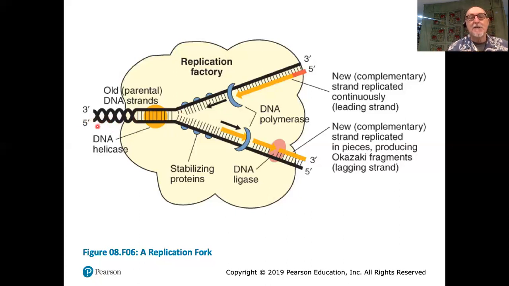That stress and tension is undone by a very, very specialized enzyme called gyrase, G-Y-R-A-S-E. You'll see its name again in a minute. Gyrase is one of a family of enzymes called the topoisomerases. The topoisomerases are all concerned with maintaining structure of DNA.